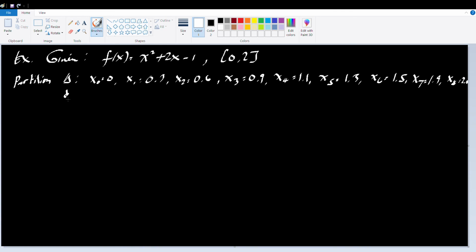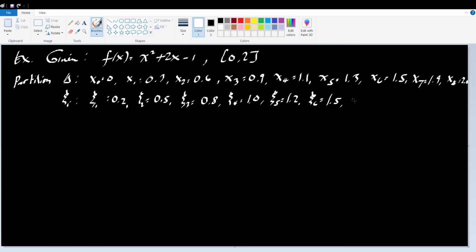Then we have the set of points, c sub i. c sub 1 is between 0 and 0.3, inclusive of the endpoint, say 0.2. c sub 2 is, say, 0.5. c sub 3 is 0.8. c sub 4 is, say, 1. c sub 5 is 1.2. c sub 6 is 1.5. c sub 7 is 1.8.